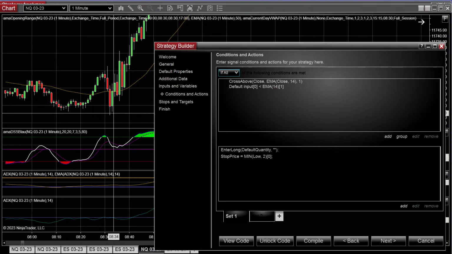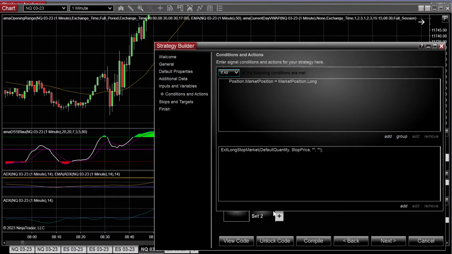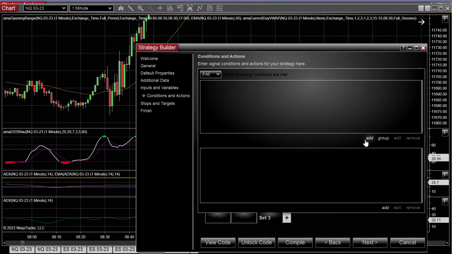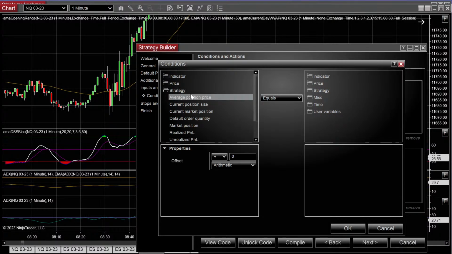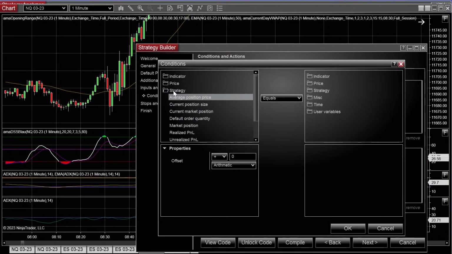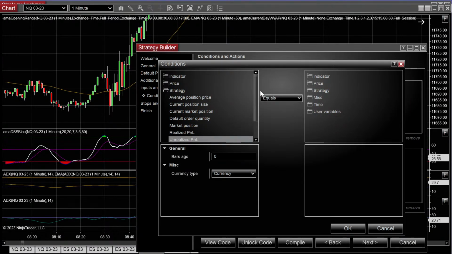I think what we'll do as an exit is price crosses beneath the EMA, with a catch. Because our exit for a loss needs to be our stop, right? That's our exit for a loss. Our exit for a win will be below the EMA.